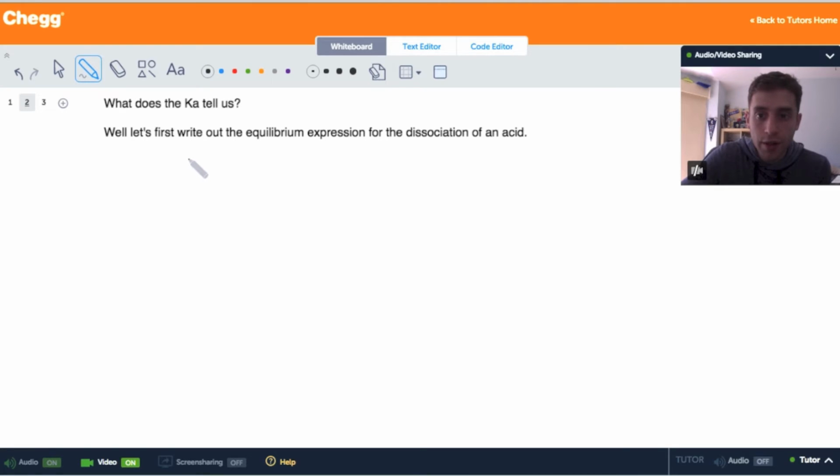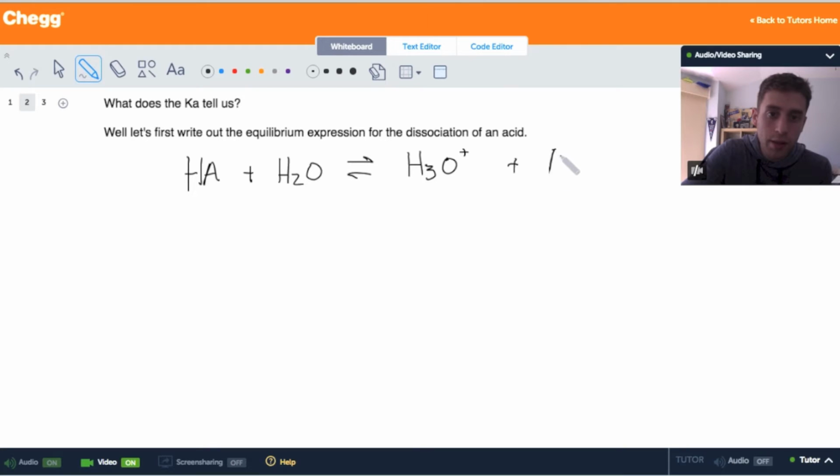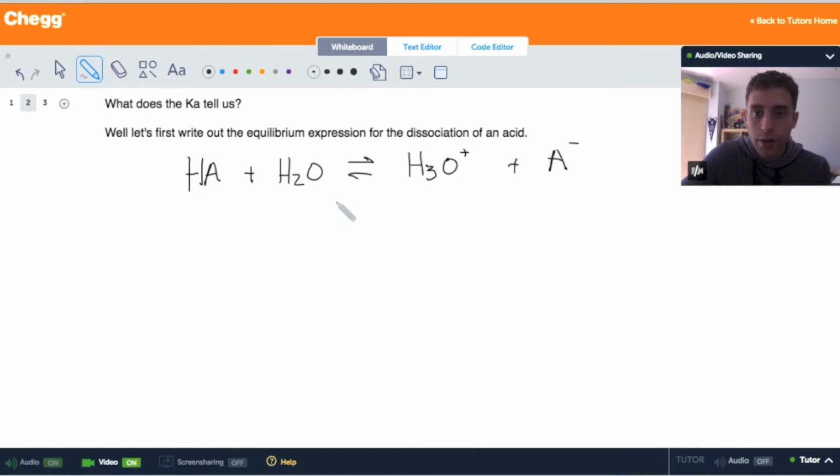Let's write our reaction again: HA plus H2O to give H3O plus and conjugate base. Any ordinary equilibrium is equal to the concentration of products over reactants, excluding liquids and solids. So let's write our equilibrium constant for this acid dissociation.